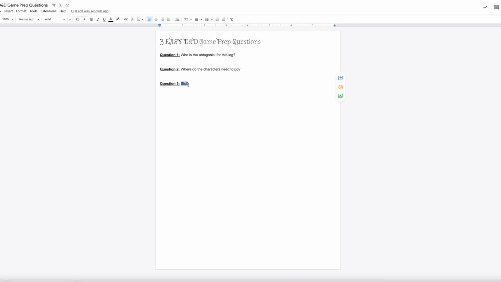And then moving on to question 3, that is going to be my favorite of the bunch, which is, how do the characters, if any, connect to this leg?